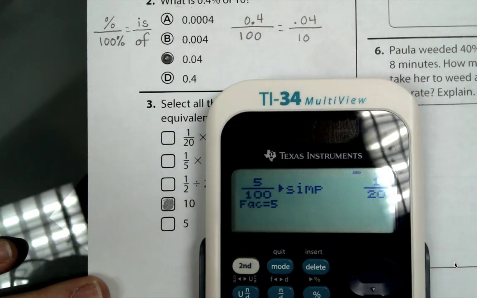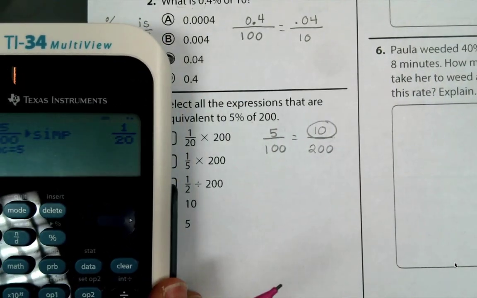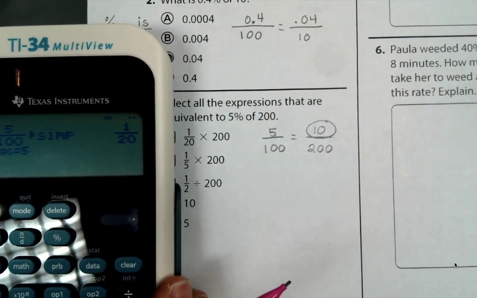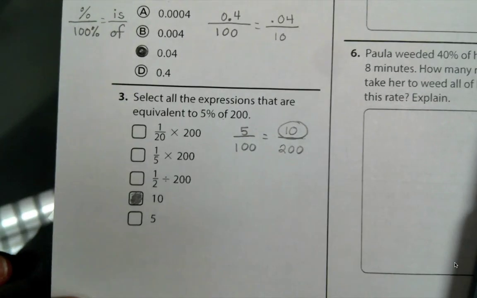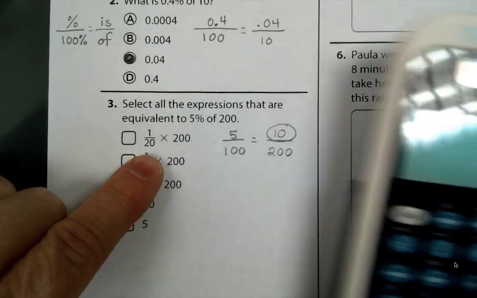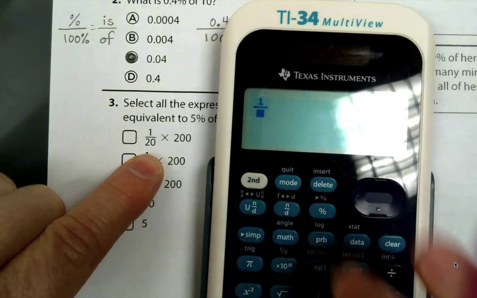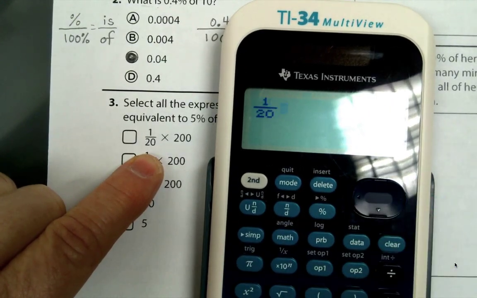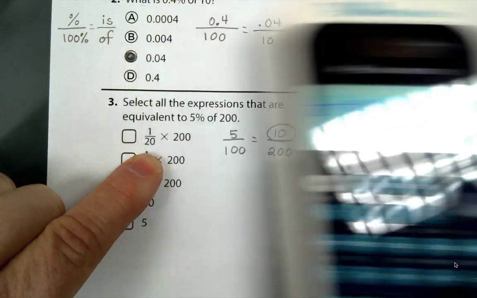1/20th. So hear me out. Here's one way of looking at it, 1/20th. But hang on. We're going to multiply 1/20th times 200, and I get 10.